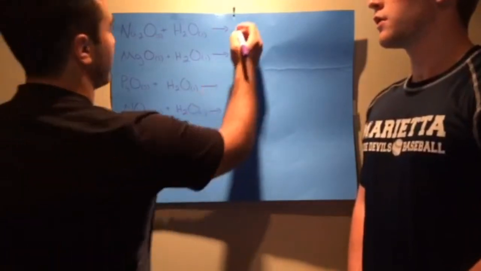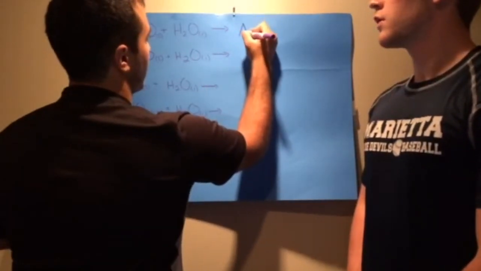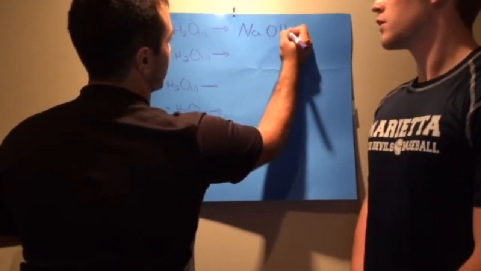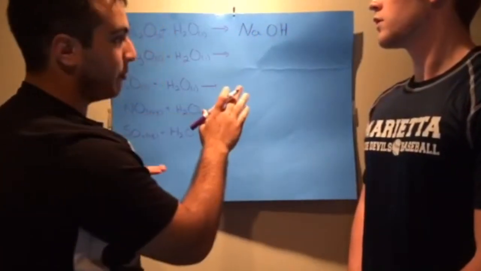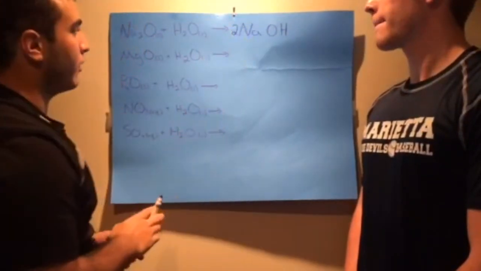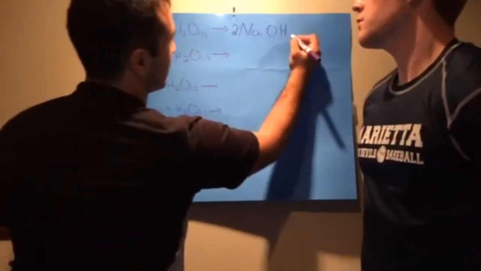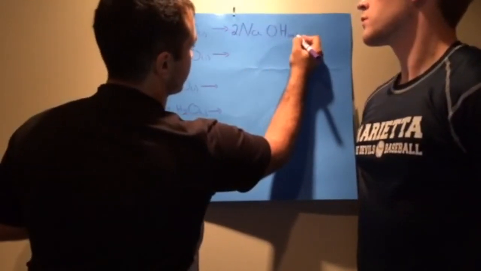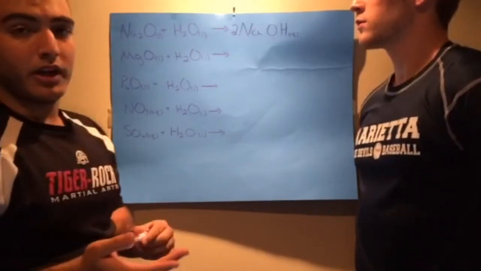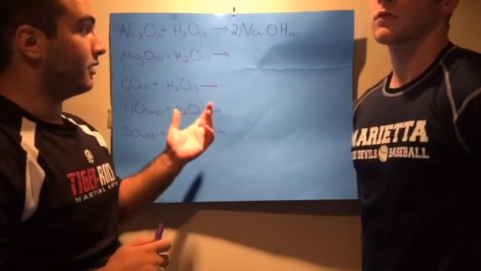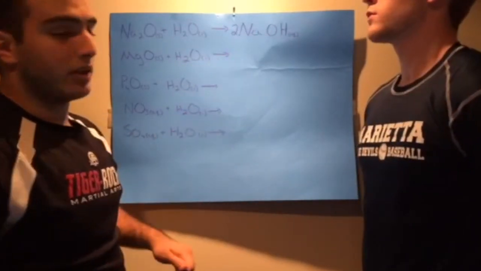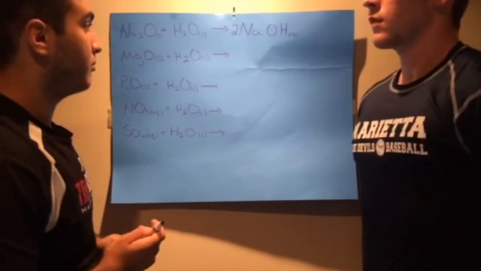You're going to get a production of sodium hydroxide, and it's going to be a basic solution, and to balance out the equation we're going to get 2 NaOH, and it's going to be in the presence of water, aqueous. It's going to be a basic solution, so it's going to go up in its pH level so that it has a stronger basic level, and sodium hydroxide is actually one of the stronger bases.